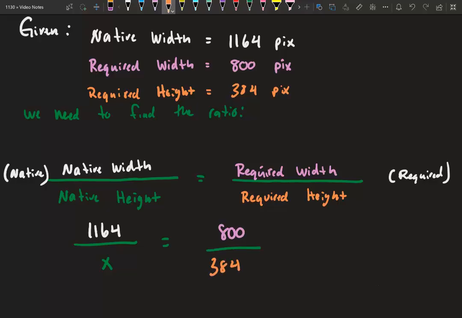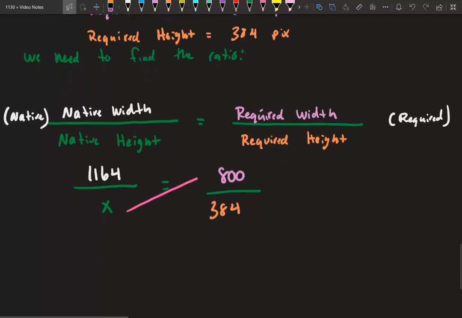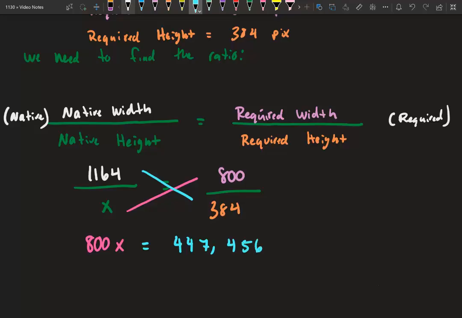Because this is a proportion, we always cross multiply. So x times 800, that's 800x. 1164 times 384, we get 447,456. We're going to divide by 800.